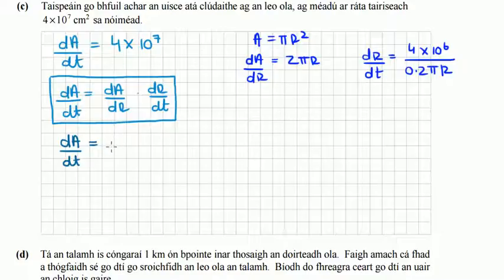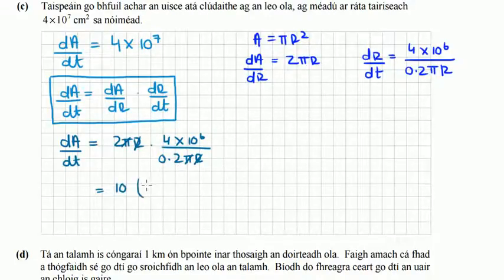So dA/dt is going to be equal to 2 pi r multiplied by 4 by 10 to the power of 6 over 0.2 pi r. So when I simplify, pi and r are going to cancel. 2 divided by 0.2 is going to give me 10. So that's 10 multiplied by 4 by 10 to the power of 6, which is equal to 4 multiplied by 10 to the power of 7.